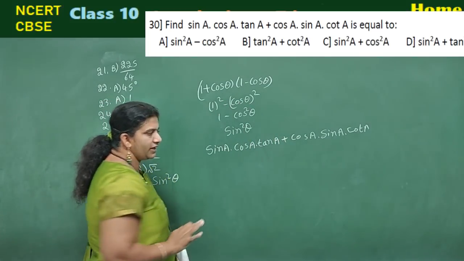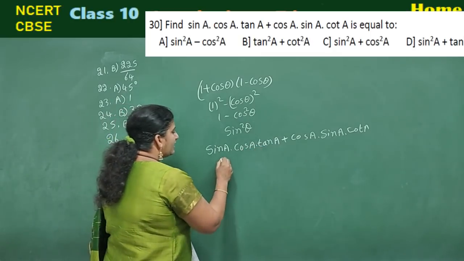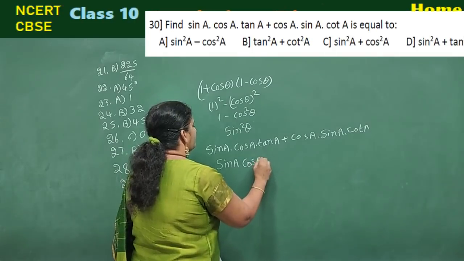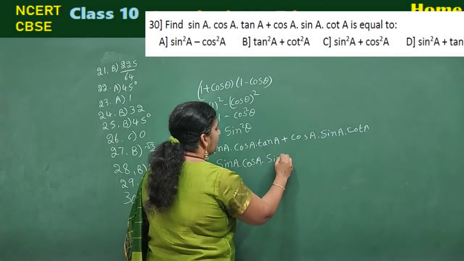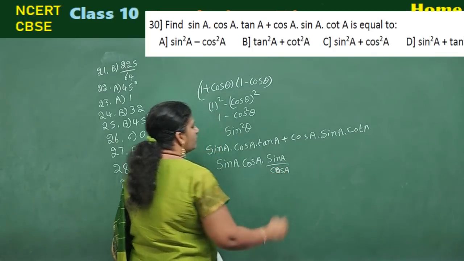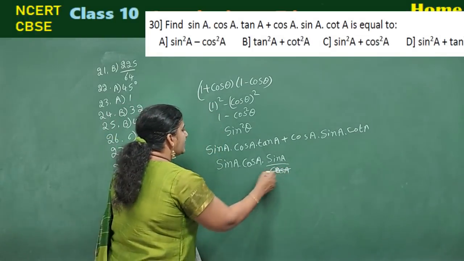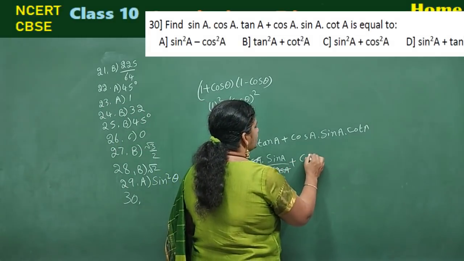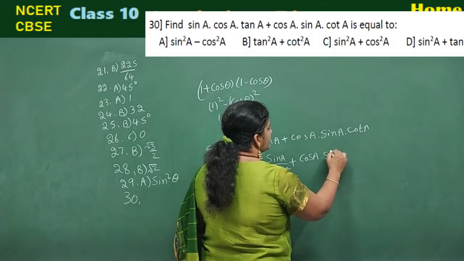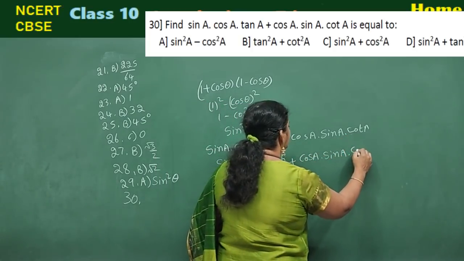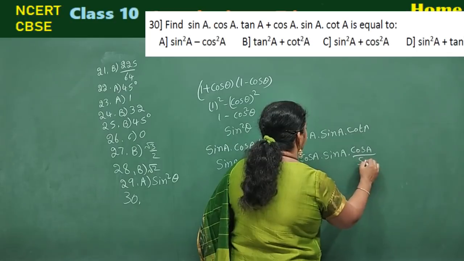Sin A, cos A I cannot change, but tan A I can rewrite as sin A by cos A. Cos A cancel. Plus cos A into sin A into cot A, you can rewrite it as cos A by sin A.